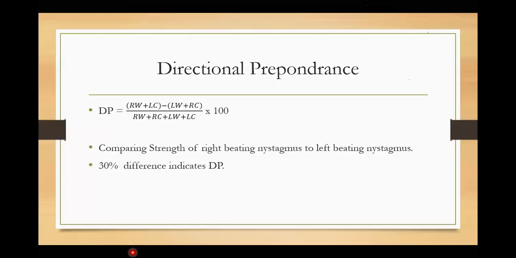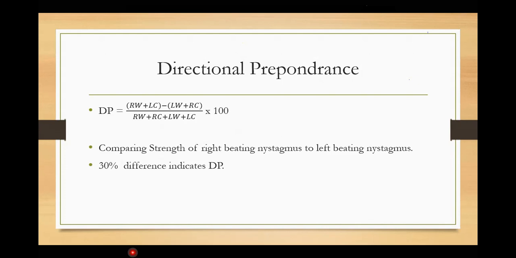The next one is directional preponderance. The unilateral weakness is about the side, whereas this directional preponderance is about the sensitivity of the horizontal semicircular canal to a particular stimulus.